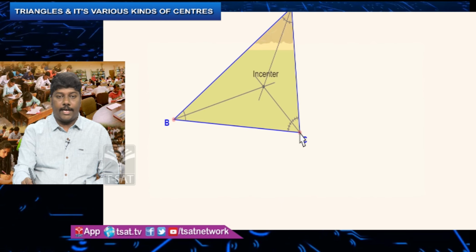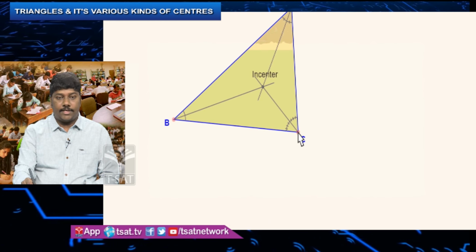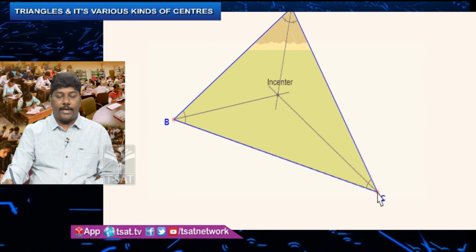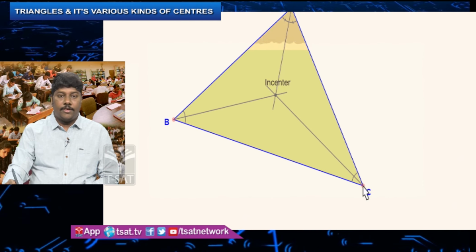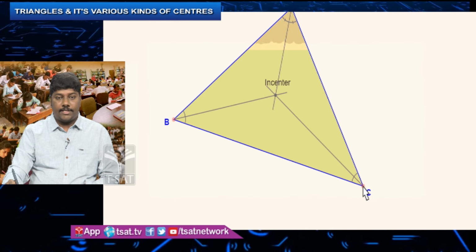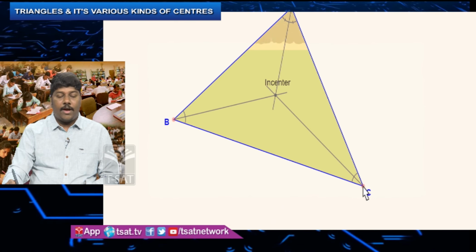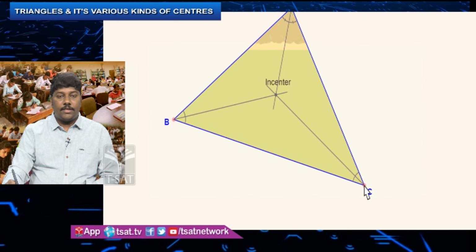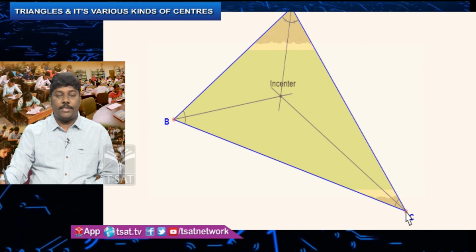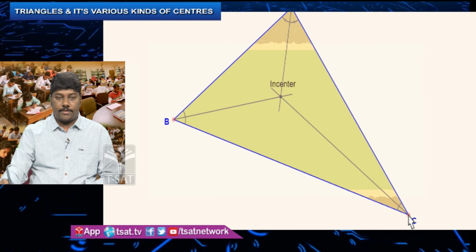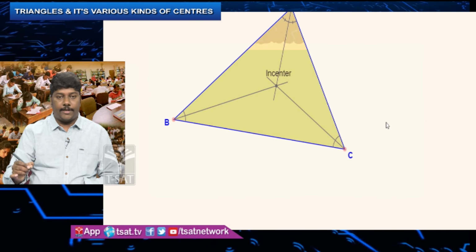This is a right angle triangle, incenter stays inside. Even if you take an acute angle triangle, where all angles are acute, here also it stays inside. So for all triangles it stays inside because it's an incenter. And incenter is equidistant from all its sides, not from vertices. It is equidistant from all its sides because you can draw a circle inside.